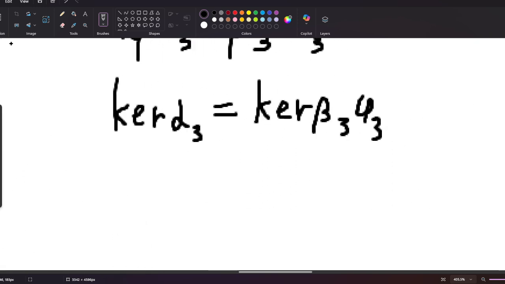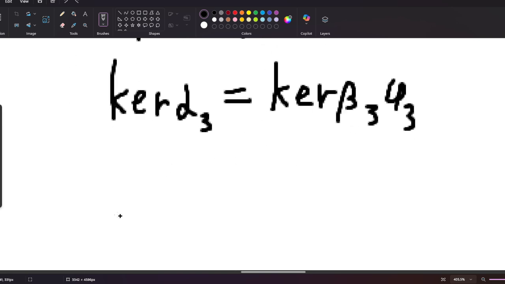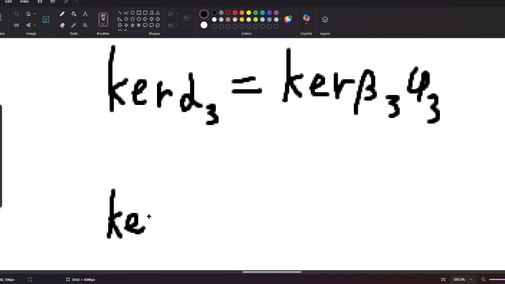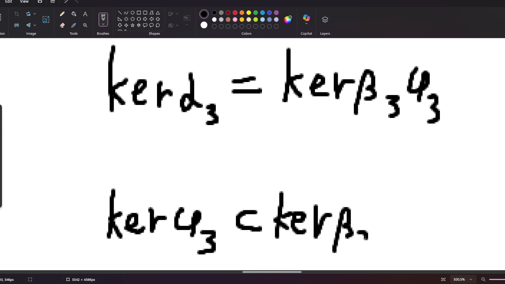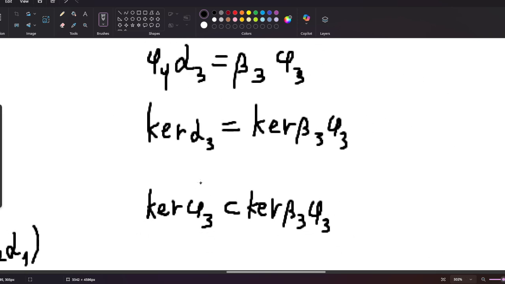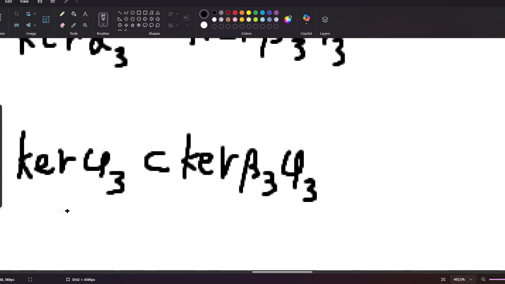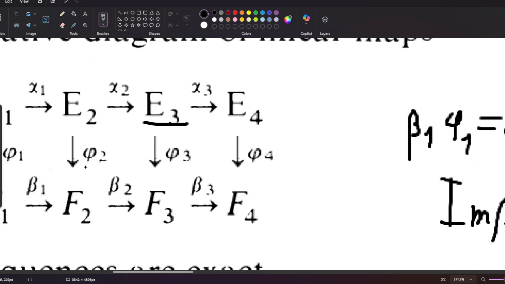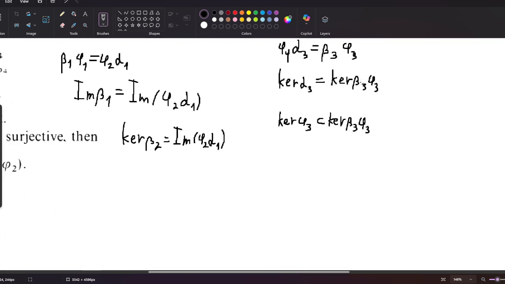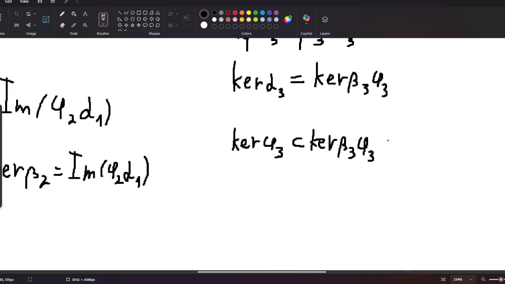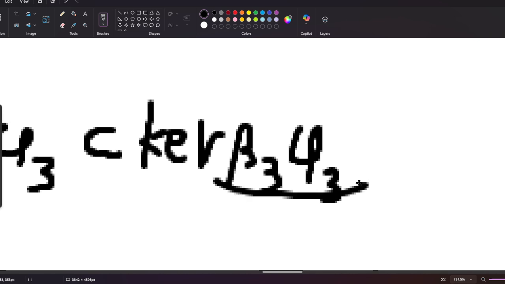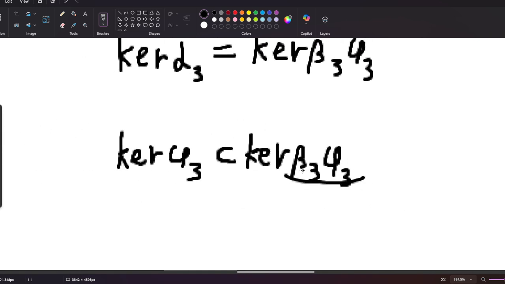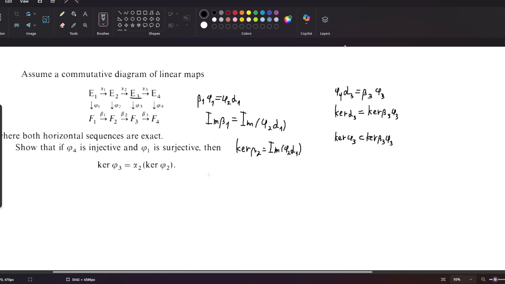Okay, and now we can safely say that the kernel of phi 3 is a subset of the kernel of beta 3 phi 3. That is because if there's an element of E3 such that phi 3 of that element is equal to 0, then in this composition we're going to get beta 3 of 0, and since we're working with linear mappings, that's going to be 0 too.